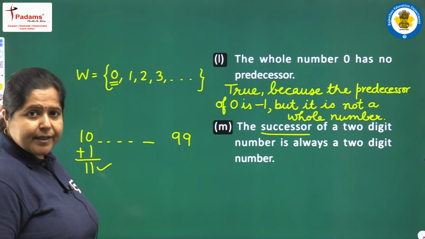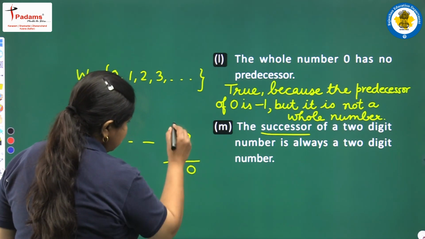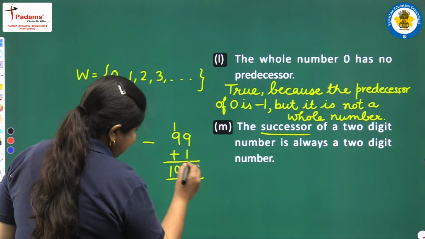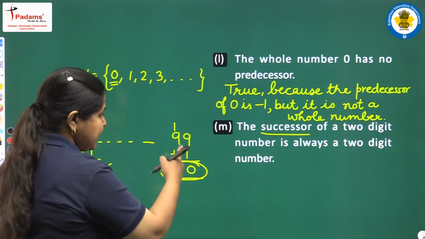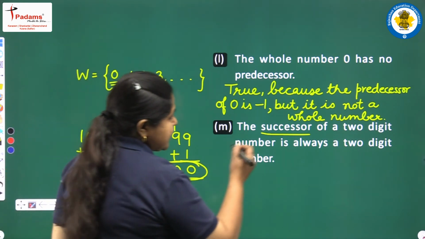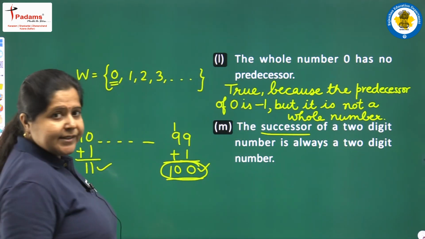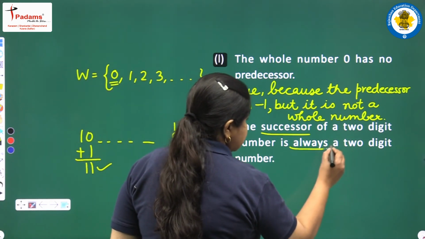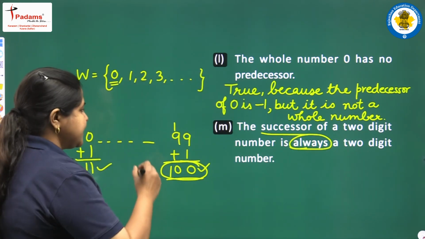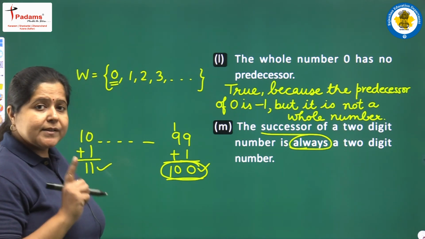Yes, it is a 2-digit number. Consider this one. If we add 1, what do we get? We are getting a 3-digit number. So we have one number in which case the successor is not a 2-digit number. In fact, it is a 3-digit number. So we cannot say that always a 2-digit number has a successor of 2-digit numbers only.